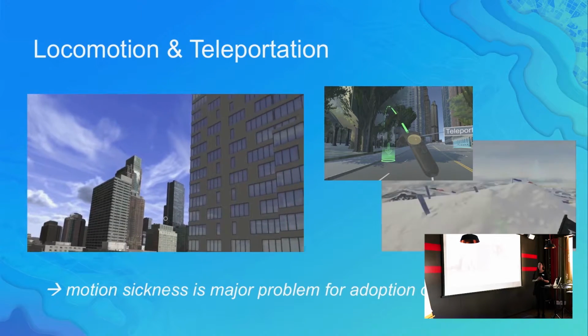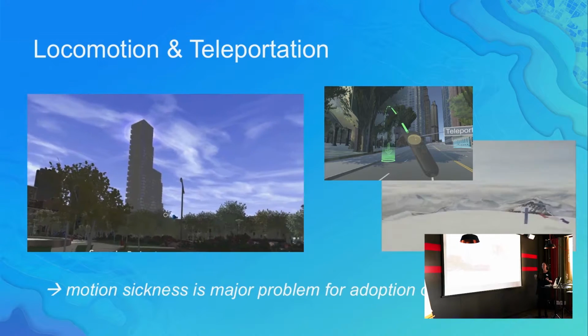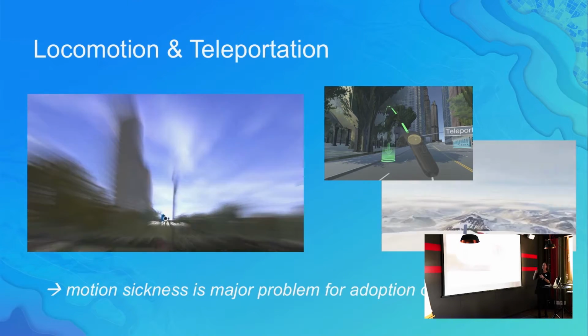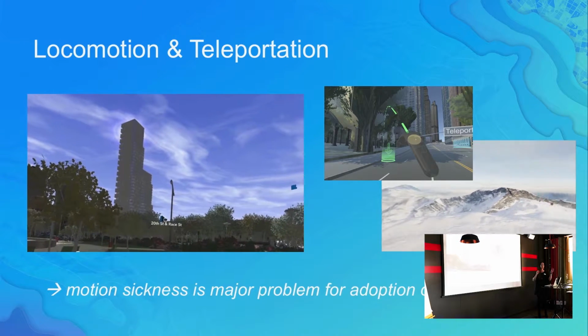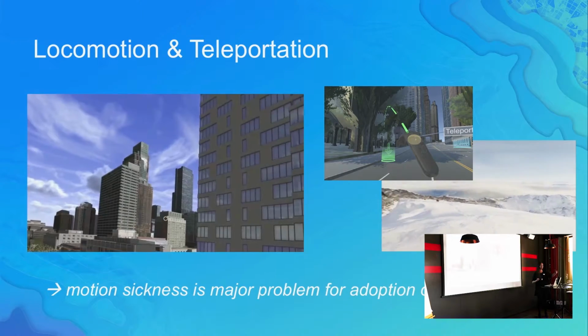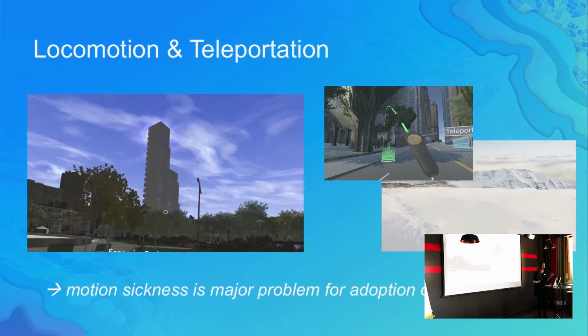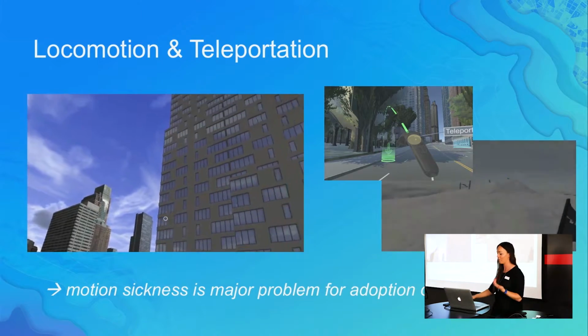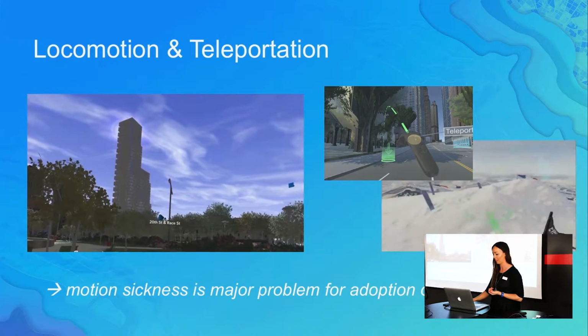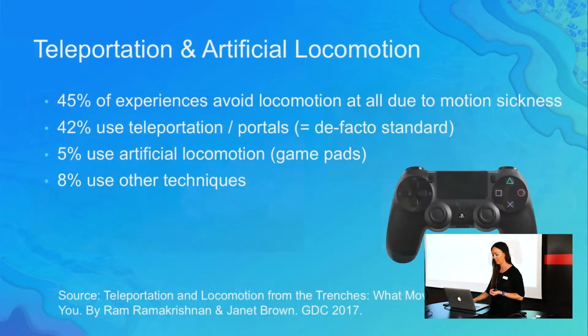There are certain ways to deal with this, whether it's physically teleporting using a button, or going through different viewports, essentially teleporting from viewport to viewport. It's getting better, but it's still not the ultimate solution, I guess.